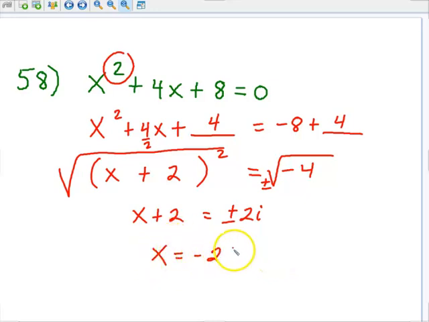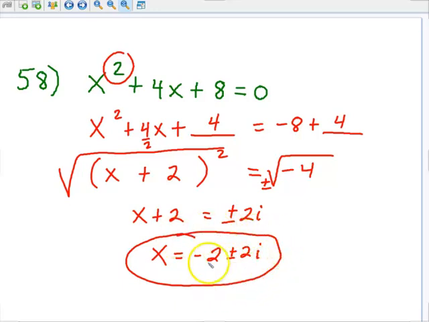So our final answers, it's really 2 complex numbers written in this condensed form. Negative 2 plus 2i and negative 2 minus 2i. But you don't have to break them apart. You can just leave them in a combined format like that, and you are good.